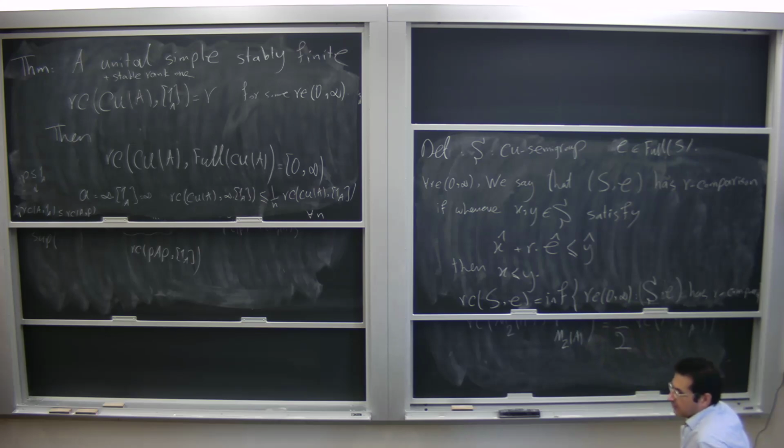And you're telling us that the image is going to be everything under these conditions. Yes. It means that you can manufacture all these elements. I guess I'm asking you to give some sort of interpretation. What is this telling us about non-classifiable algebras?